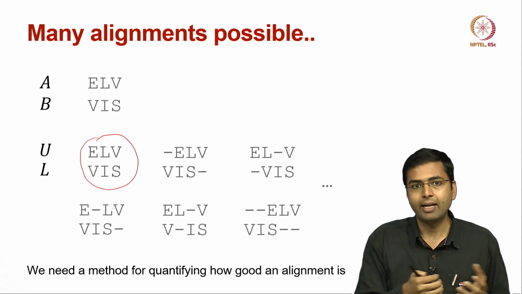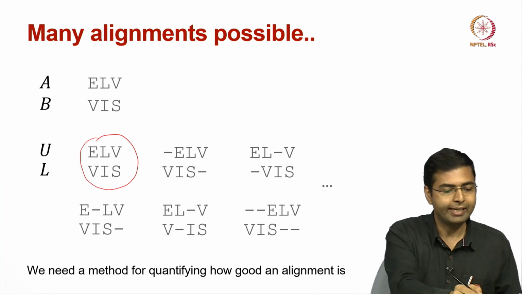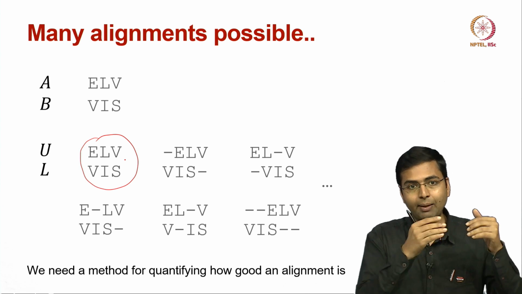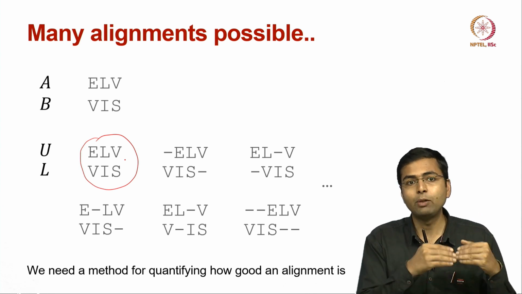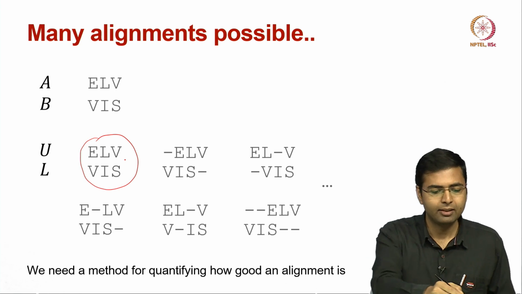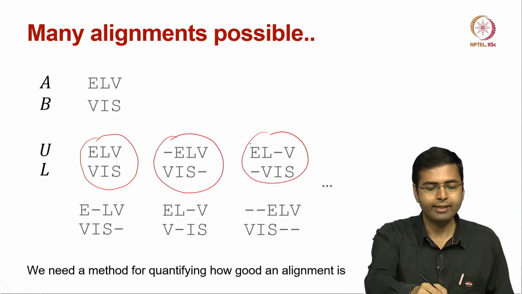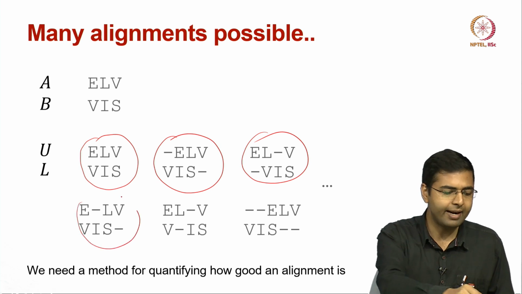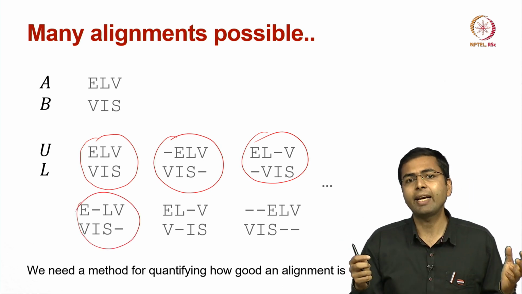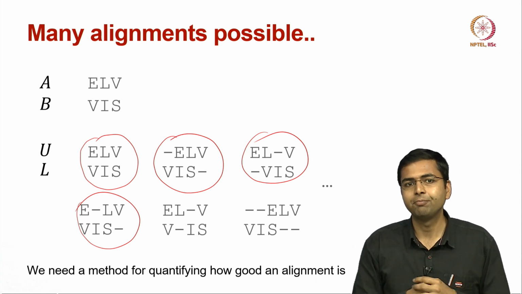That is also an alignment because both sequences are of the same length. Here H equals 3, and you can see that A is a subsequence of U, B is a subsequence of L. So, that is a valid example. Similarly, all these are valid examples. There are many ways in which I can insert these dash symbols and obtain a valid alignment.